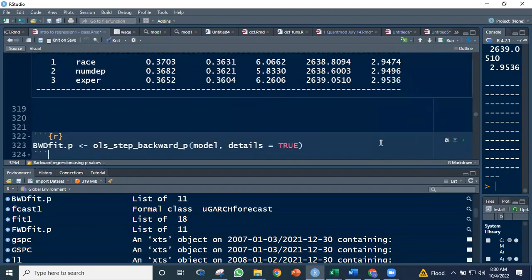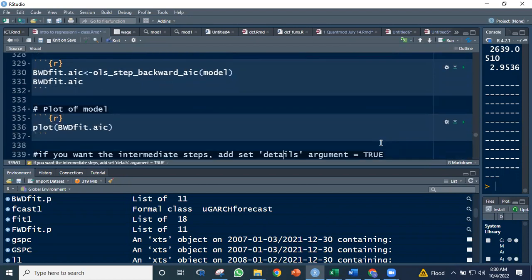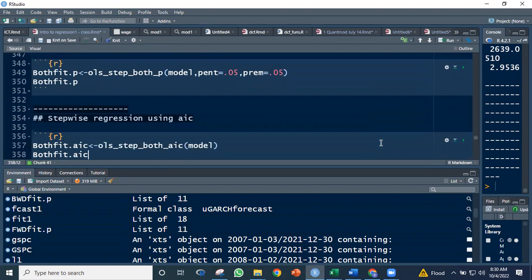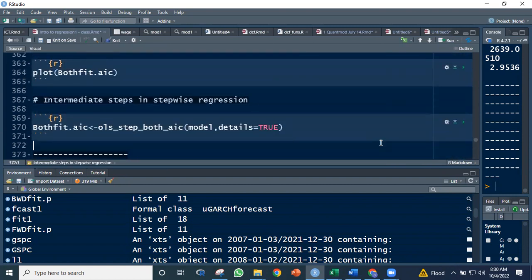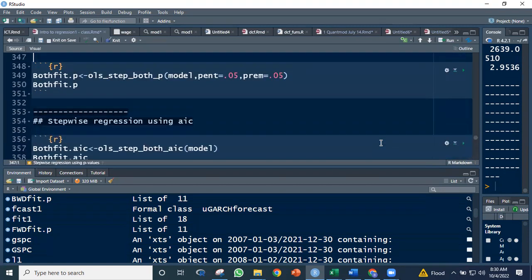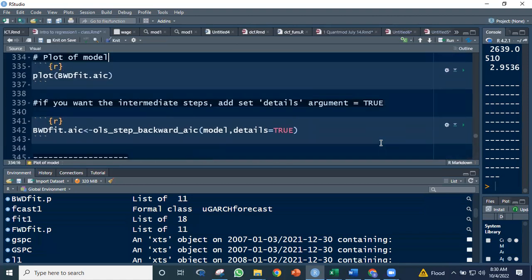How about the others, guys? Comment please. Are you also getting the same output as me, guys? Why is our backward like that? Yeah. Why? It shouldn't be like this.